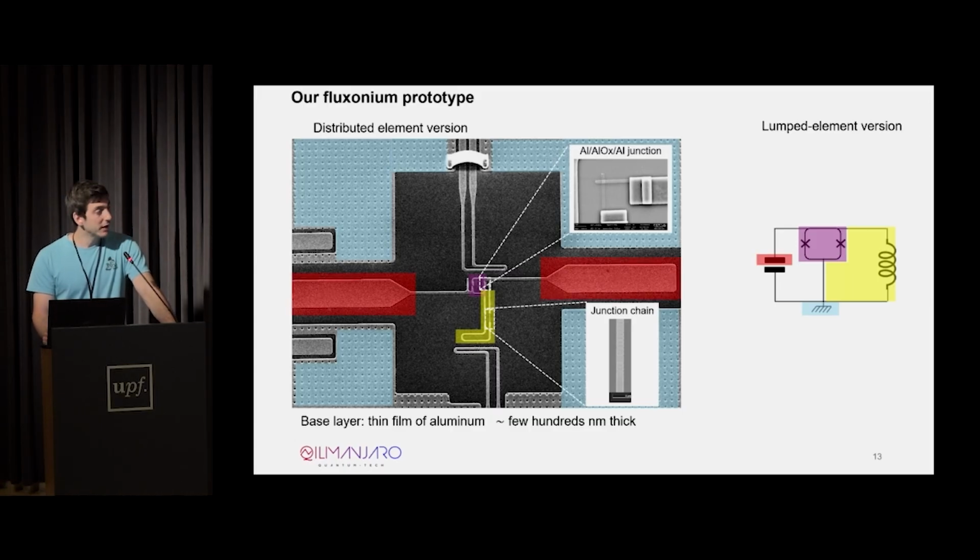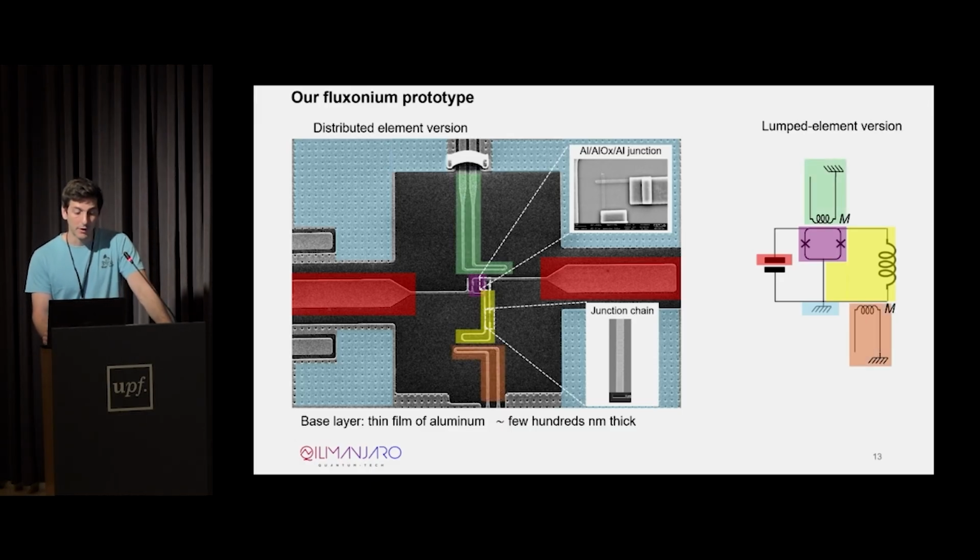These big plates correspond to the capacitors of the Fluxonium. In addition to all these parts, there are also flux lines that we use for biasing the loop, so to apply external flux.